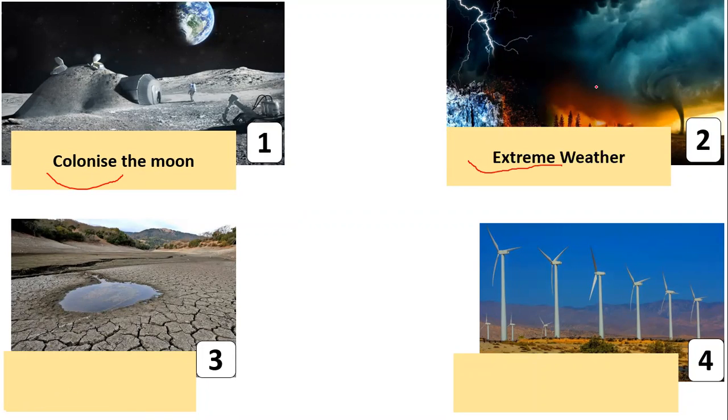Okay. For number 3, what did you put? Water shortage. Yes. So water shortage is if you see no water, only little water. Shortage is when there is little or almost nothing.